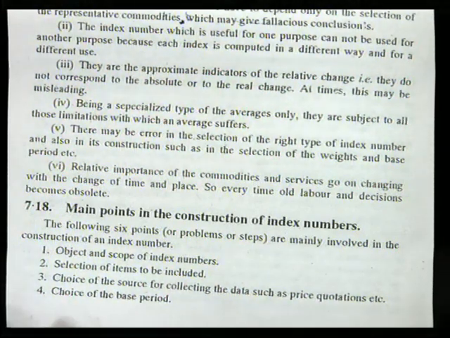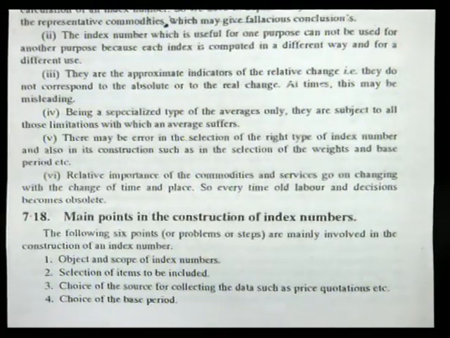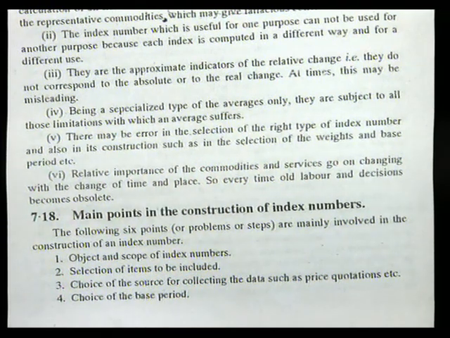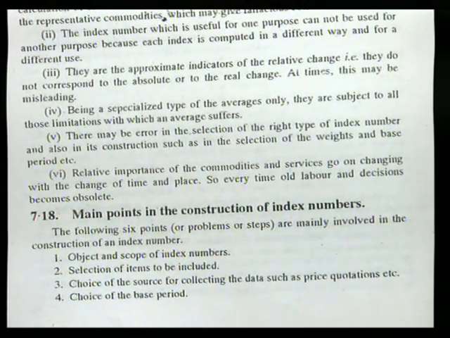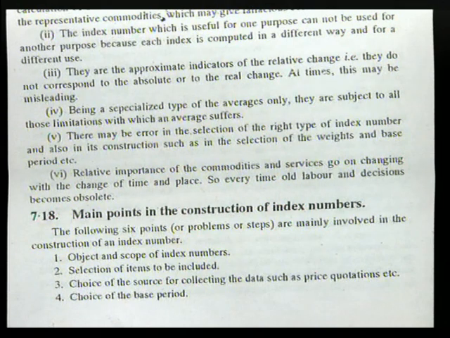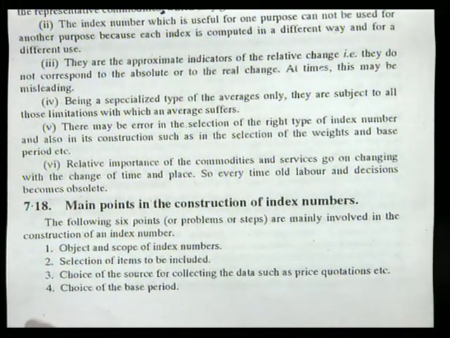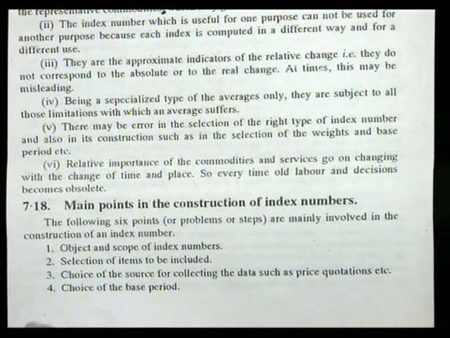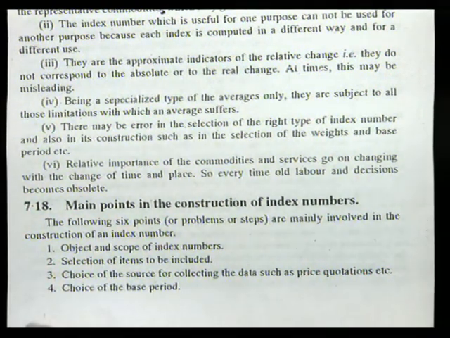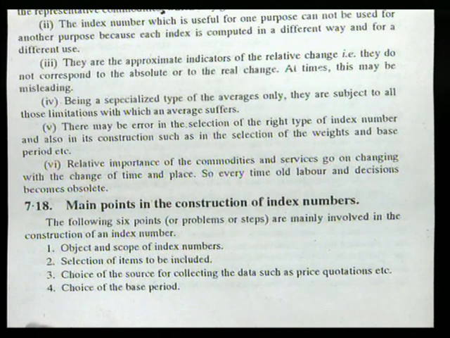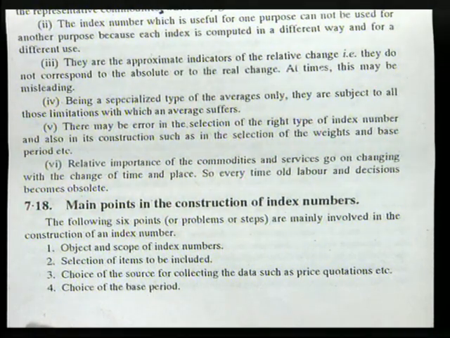Let us see some of them. Main points in the construction of index numbers. The following 6 points are mainly involved in the construction of an index number. Number 1, object and scope of index numbers. Number 2, selection of items to be included.